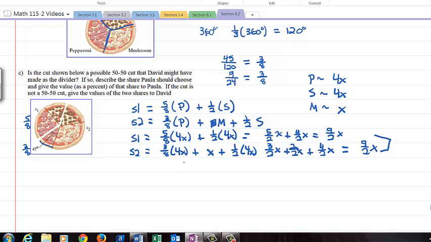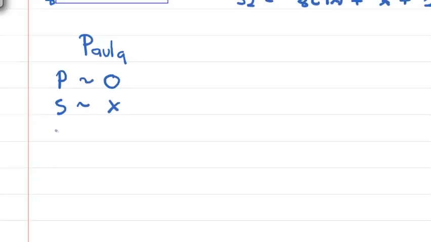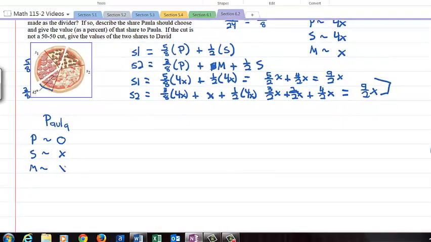So then the rest of the question is going to be, how does Paula value this? Okay, as a reminder, for Paula, the pepperoni has no value. The sausage she valued at x, and the mushroom she valued at x. As she valued these two equally, the pepperoni she gave no value whatsoever.